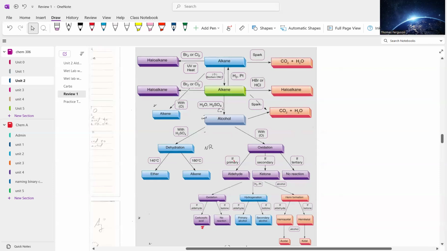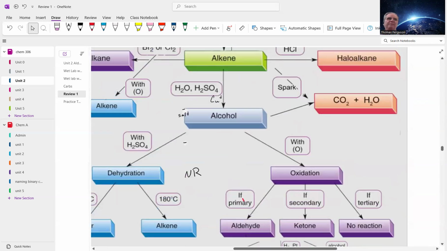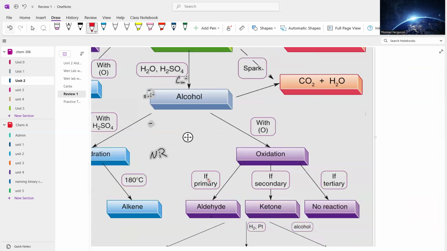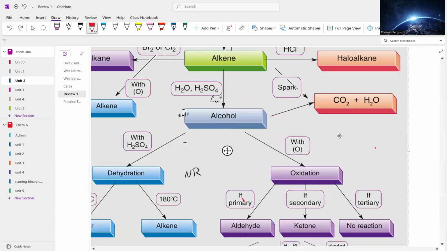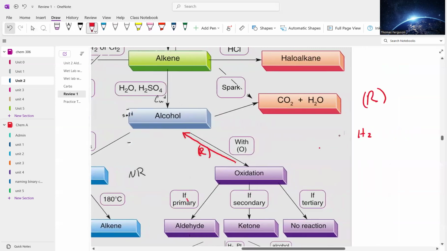Okay, so every time there's an O here, we can make a backup arrow. Then R. So the opposite of oxidation is reduction. So an R means reduction.